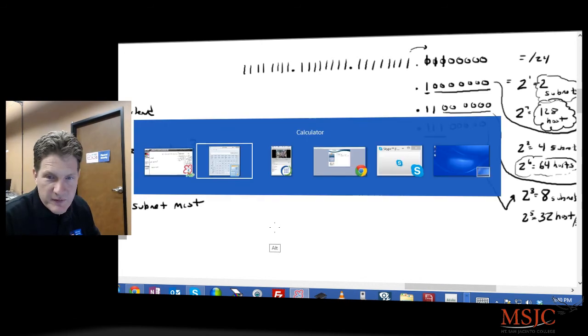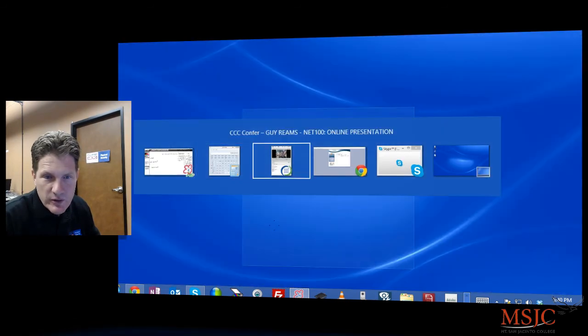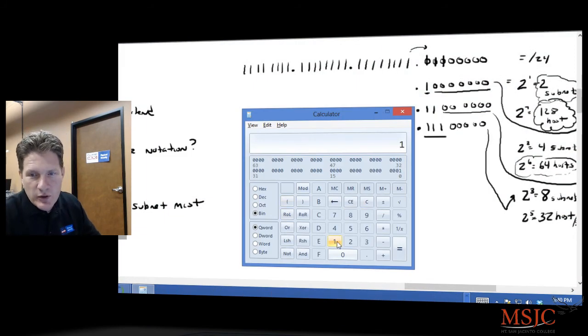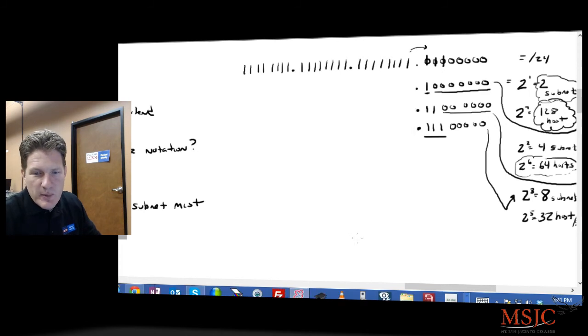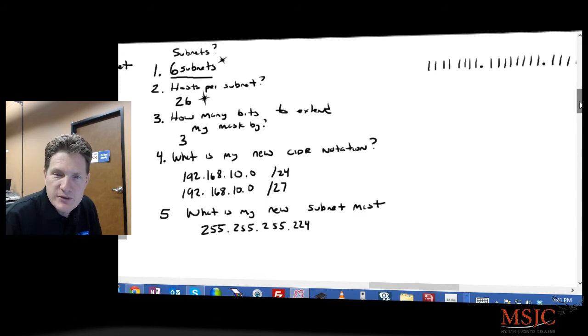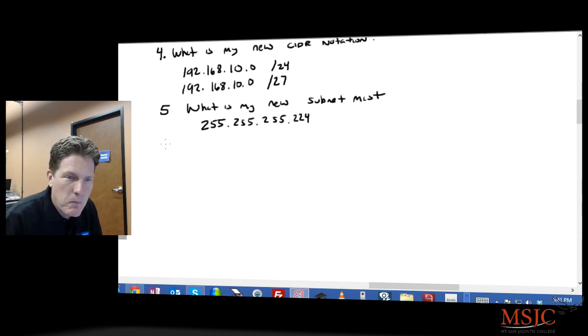In fact, it's really easy to figure out when you use a calculator. So I'm going to go to binary here. I'm going to go 1, 2, 3, and 5 1s. 1, 2, 3, 4, 5, and I'm going to convert it to decimal, 224. So my new subnet mask is 255.255.255.224. All right? So now, number 6.